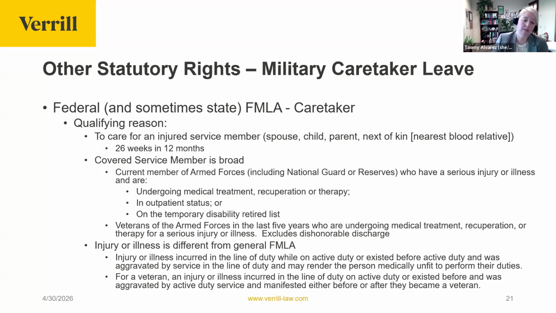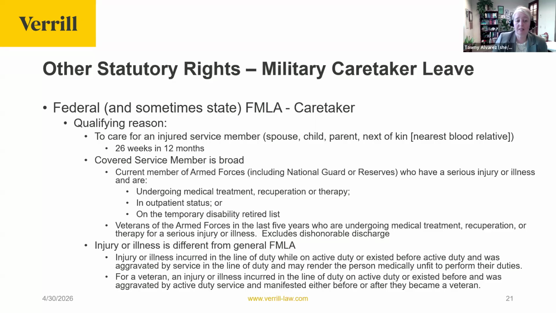It's also veterans of the armed forces if they served within the last 5 years and are still undergoing medical treatment, recuperation, or therapy as a result of serious injury or illness. There is an exception to that, similar to USERRA, lots of exceptions, right? And that excludes dishonorable discharges.